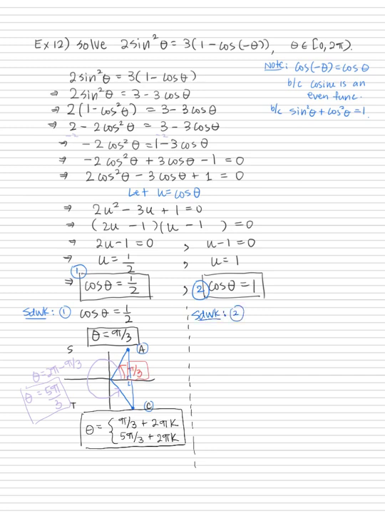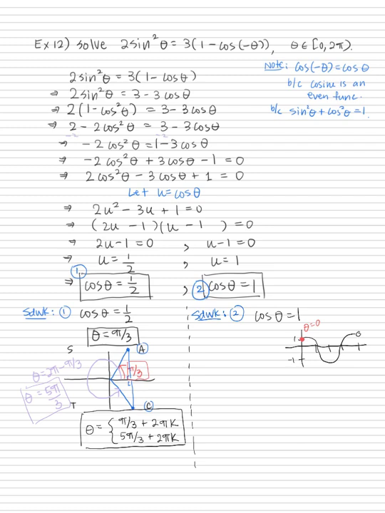This one isn't so bad. We have cosine of theta equals 1. Again, I usually look at the graph, but you can do your unit circle business. Here's 1, negative 1. Cosine of theta equals 1 when theta equals 0. And that's it, because 2 pi is not included on this interval, so we cannot pick 2 pi.